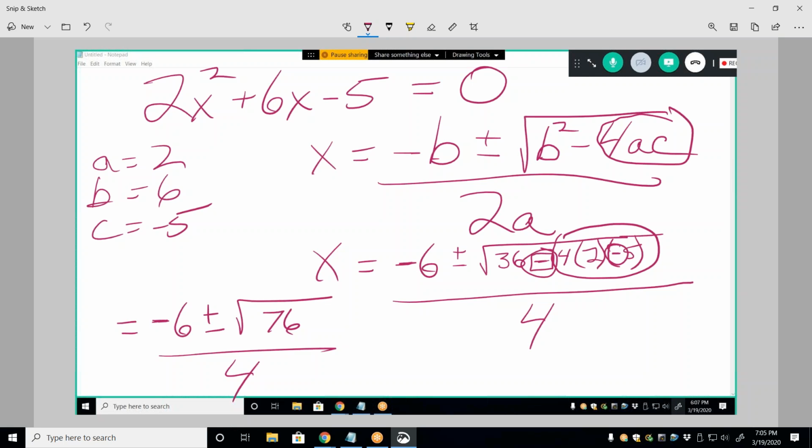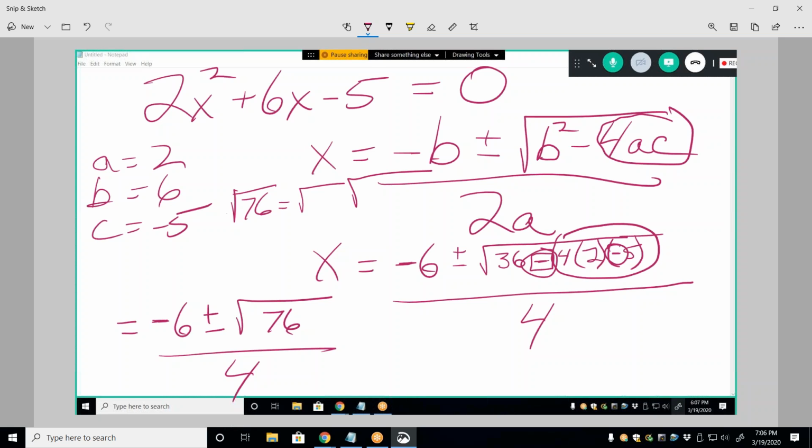Okay? Now, that's not a final answer. Why isn't it? Well, it is a solution. It's just not simplified. We can simplify square root of 76. Factor that. Is there a factor of that that's a perfect square number?